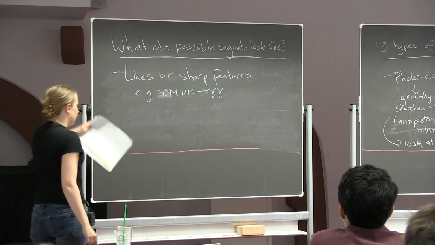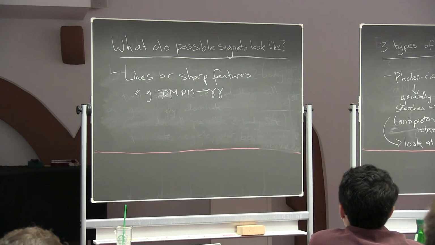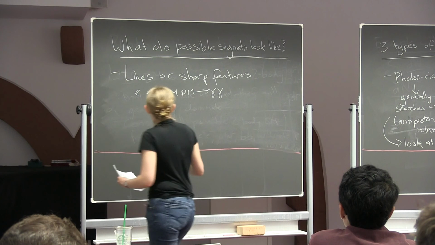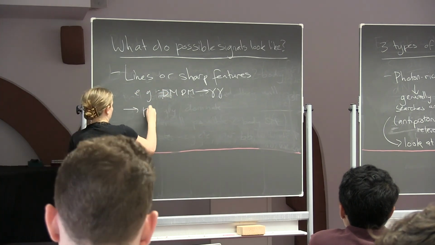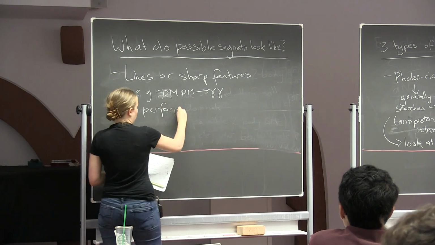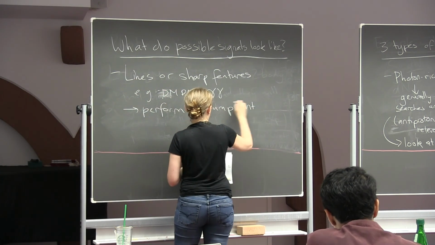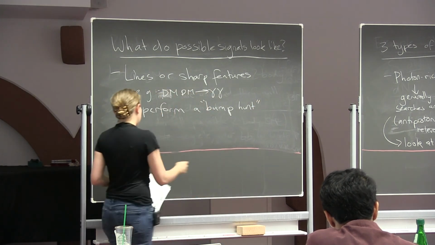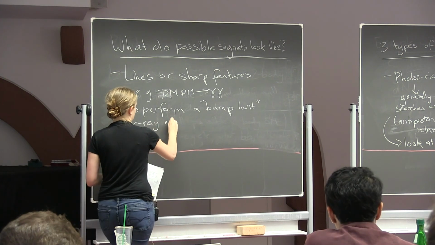So these searches are a bit different from the other searches here. They're much less subject to worries about astrophysical backgrounds because you can look for spectral information. So in these cases, what you generally do is perform a bump hunt. At X-ray and at gamma ray energies, there are essentially no backgrounds.